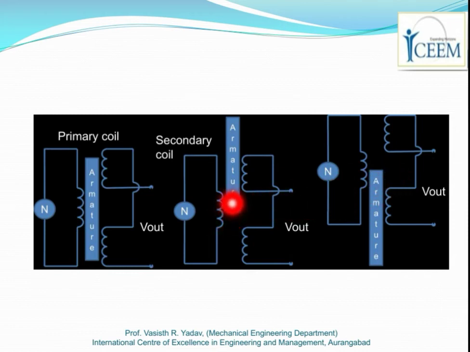Whenever the core is at the center, the resultant voltage is 0, and if the core gets displaced from the central position, then more EMF is generated in one of the coils, and the resultant voltage is no longer 0. Now if the magnetic core is further displaced, the value of the resultant voltage increases.